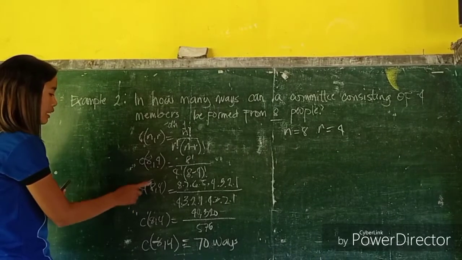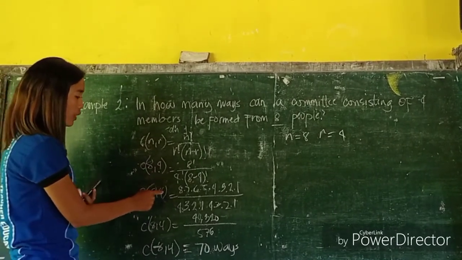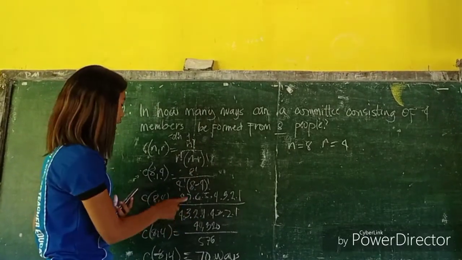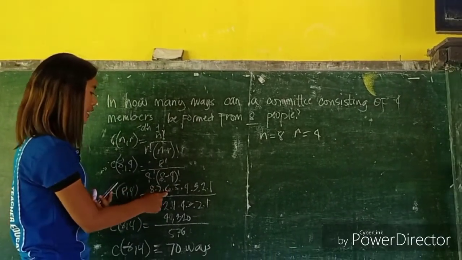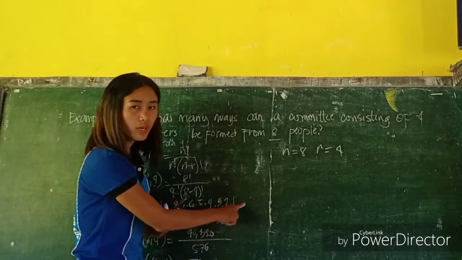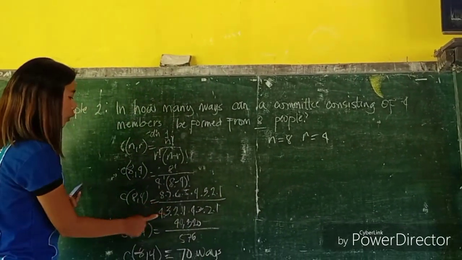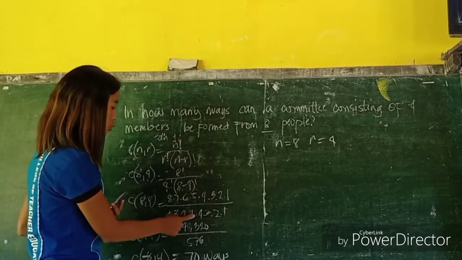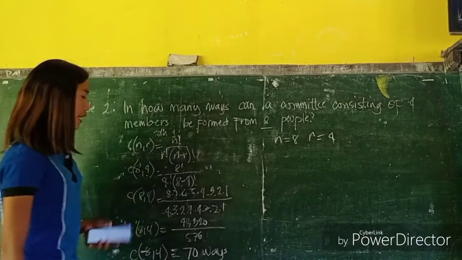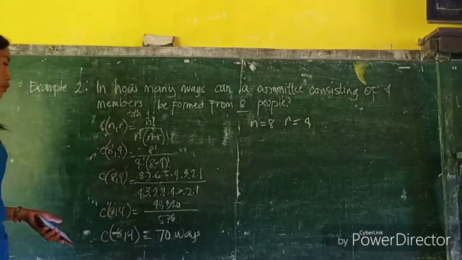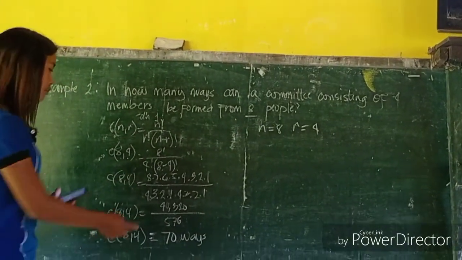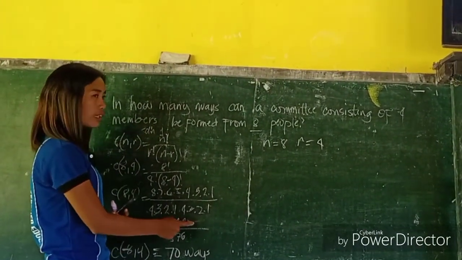So C of 8, 4 is equal to 8 factorial, which can be written as 8 times 7 times 6 times 5 times 4 times 3 times 2 times 1, over 4 times 3 times 2 times 1 times 4 times 3 times 2 times 1. And then by multiplying all of these numbers, we get the answer 40,320.